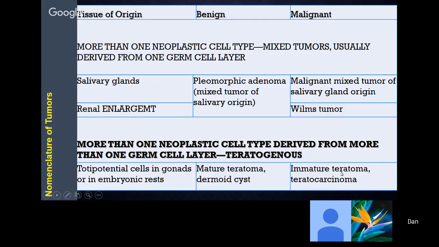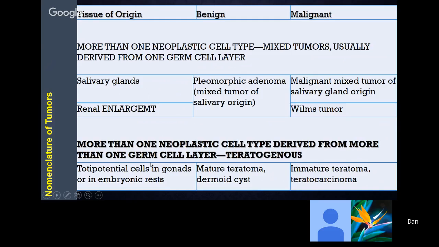You need to be very careful because if diagnosis is not made, then this patient is going to die soon. And for this type of tumor we call them totipotential cells. Why? Because totipotential cells are embryological stem cells that are going to give you different types of tissue. Remember the three layers of embryology.